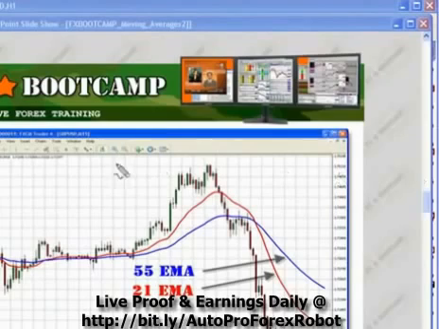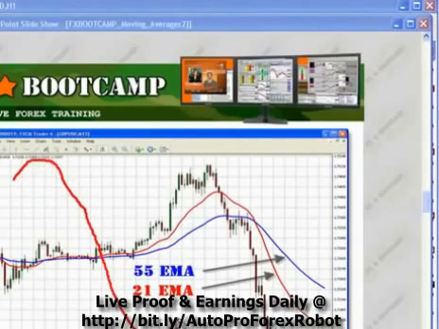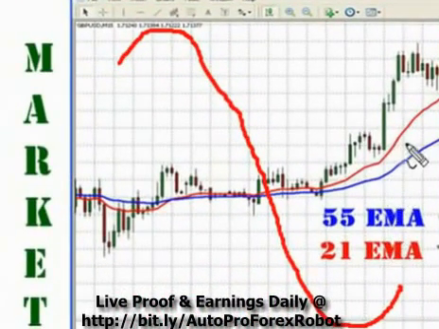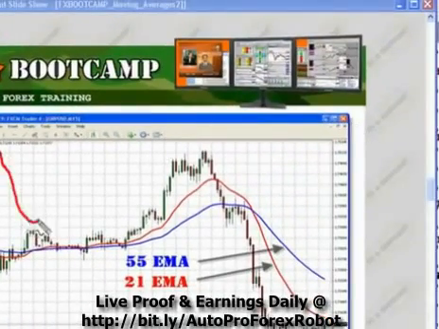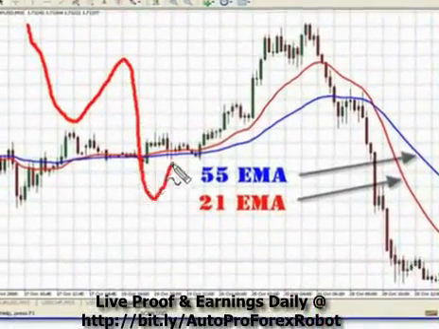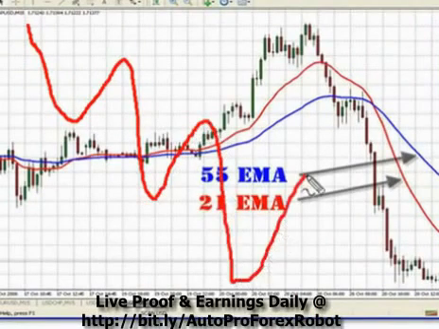How many times have you seen the market fall, like in this example? Somebody asks you, so how did trading go? And you say, well, the dollar fell today. Yeah, but the definition of a falling market is a series of lower lows and lower highs, lower low, lower high, on and on.